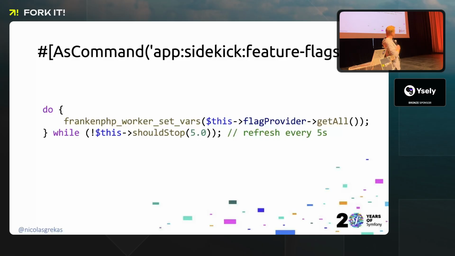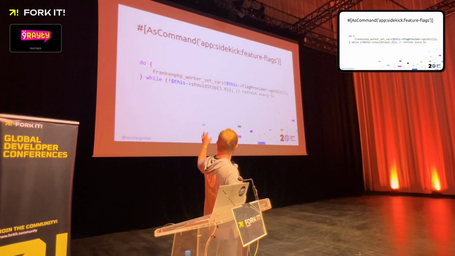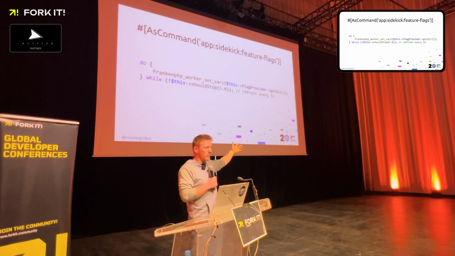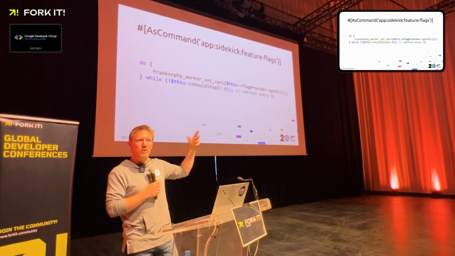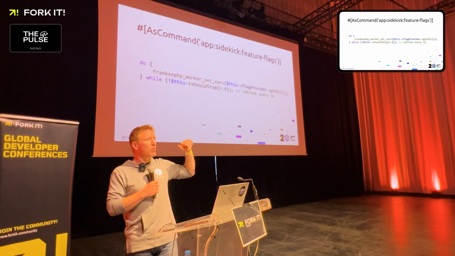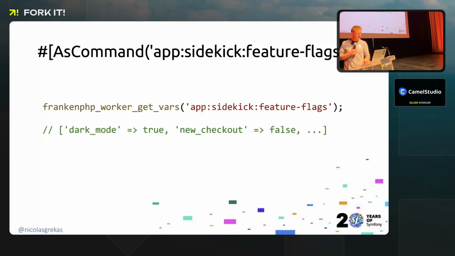We tell it, get me the full configuration, every 5 seconds in a loop, and we set the vars, which is basically the JSON that comes from the OpenFeature flag server. That's blocking, long running, it runs forever. On the HTTP side, we get vars, and instantly we get the current feature flag configuration for the application. Very easy implementation. This is how you could then read from the other side.